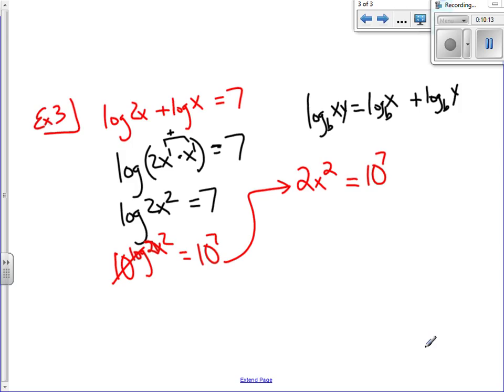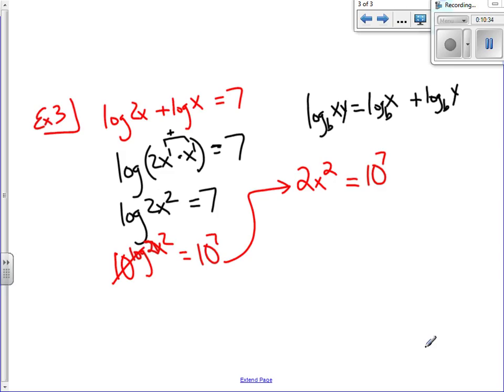On your calculator, if you do 10 to the 7th, it might give you a nice looking number. But some calculators, depending on the number of digits they will show you, might express it in scientific notation. So let me try to do this on my calculator.